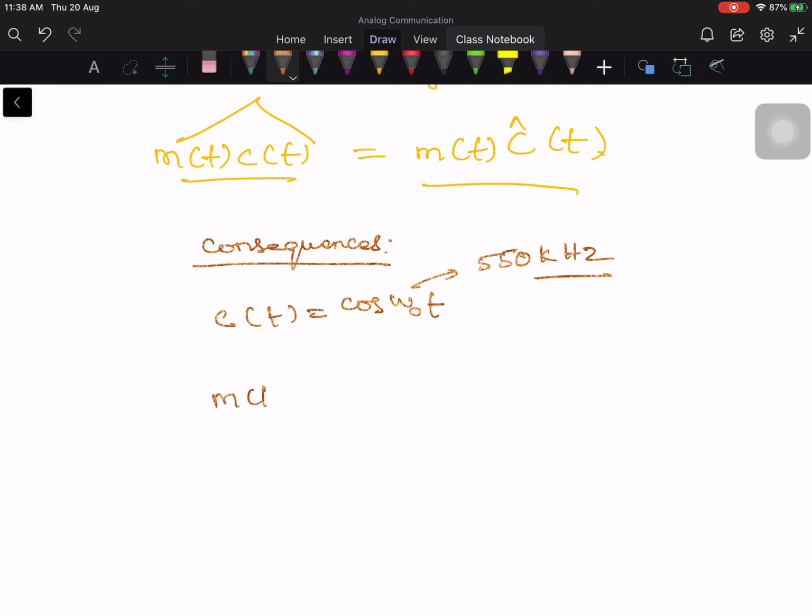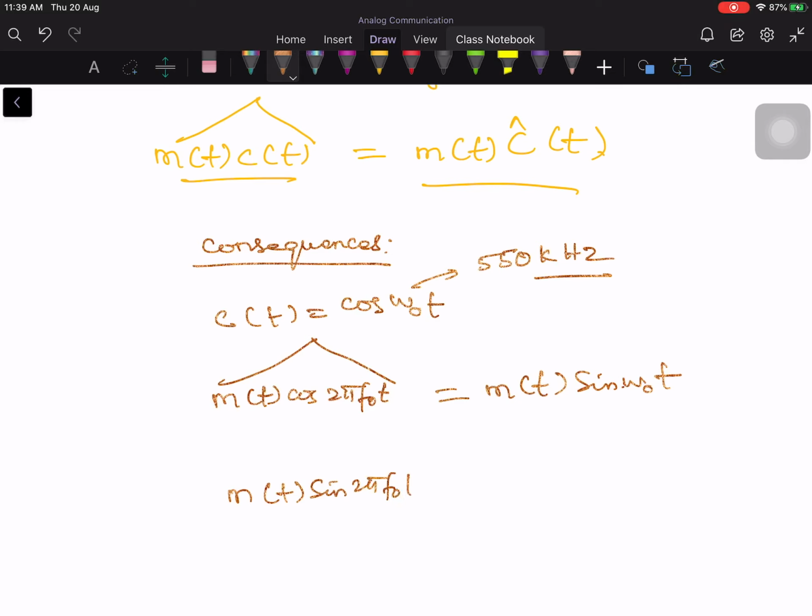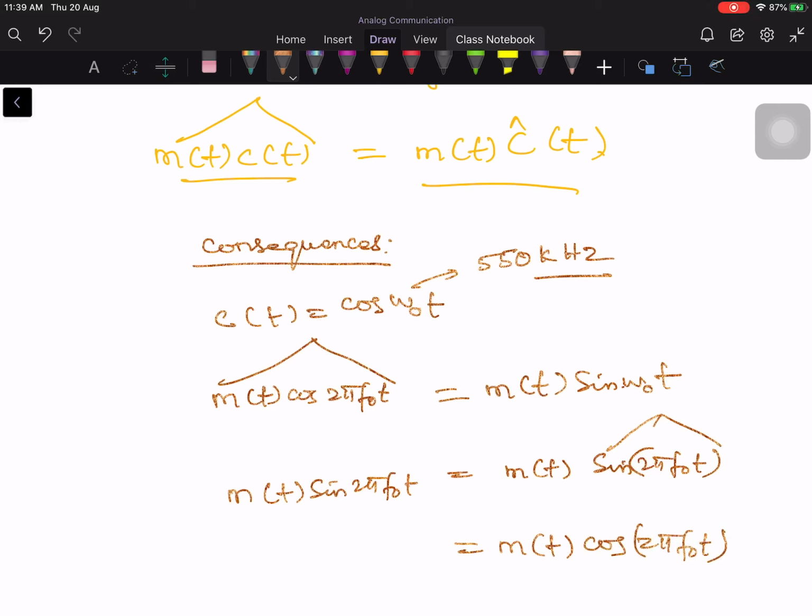If you take the Hilbert transform of m of t times cosine of 2 pi f naught t, then it becomes m of t times sine of omega naught t. Similarly, you take m of t multiplied by sine 2 pi f naught t, then it is going to be m of t times the Hilbert transform of sine 2 pi f naught t, as per the formula. So this is going to be m of t times minus cos of 2 pi f naught t, and that minus let me put here.